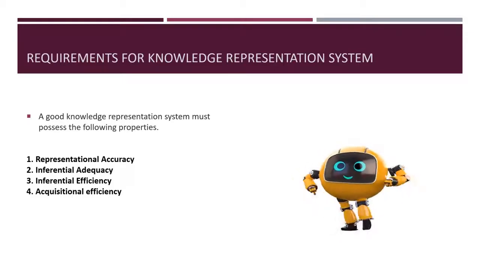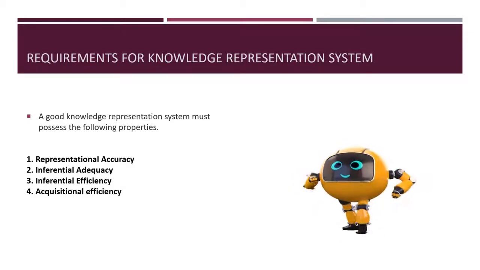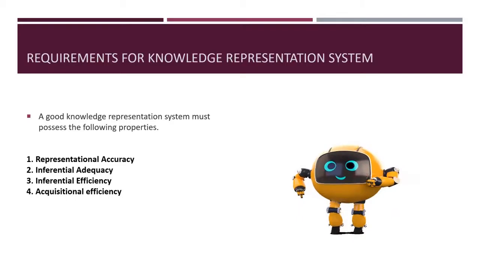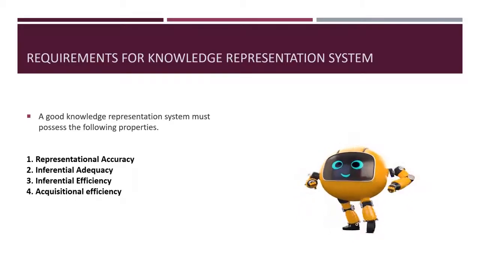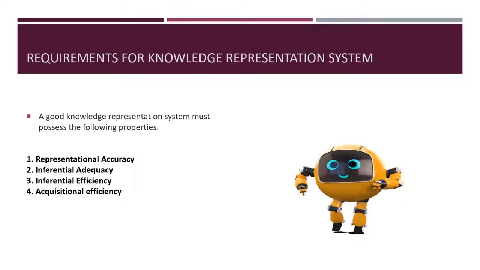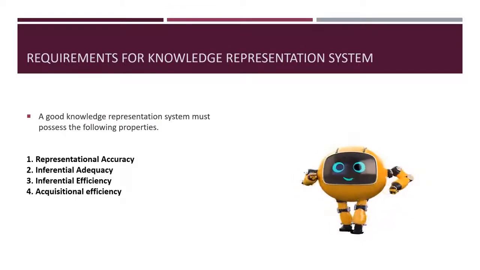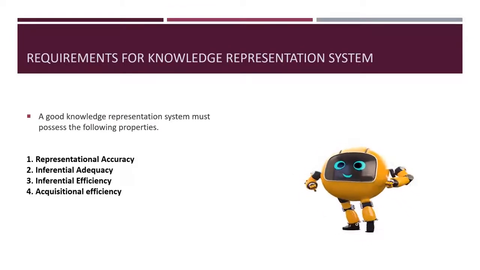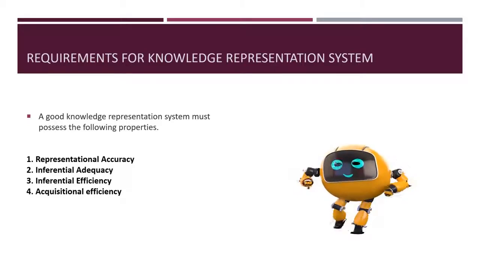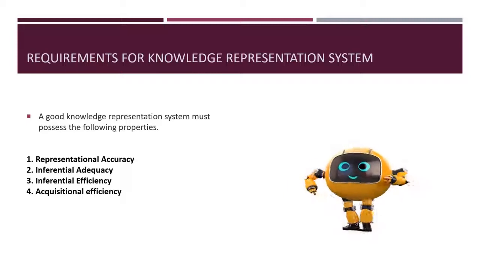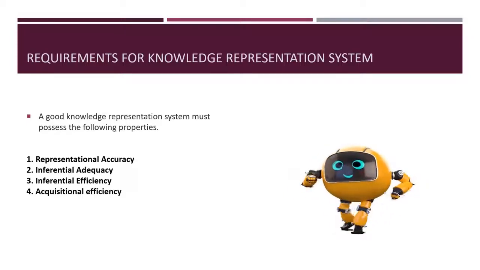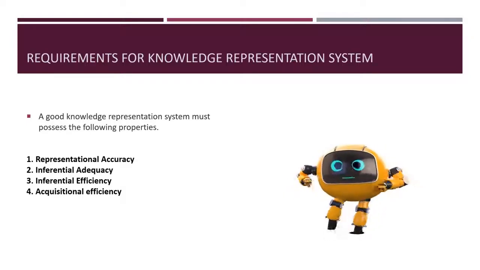The third one is inferential efficiency, the ability to direct the inferential knowledge mechanism into more productive directions by storing appropriate guidance. And the last one is acquisitional efficiency, the ability to acquire new knowledge easily using automatic methods.